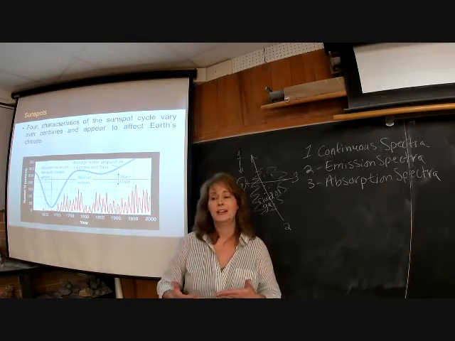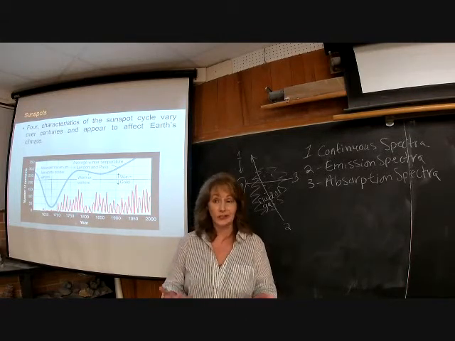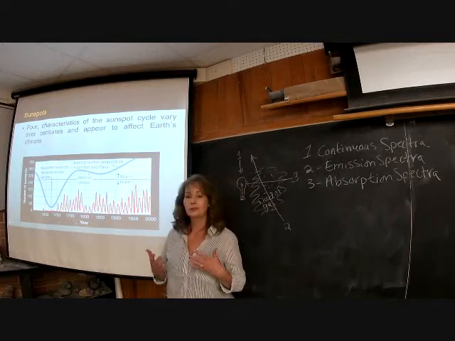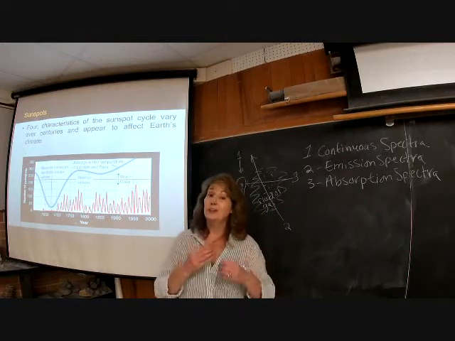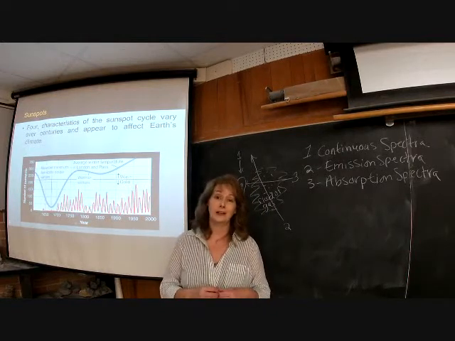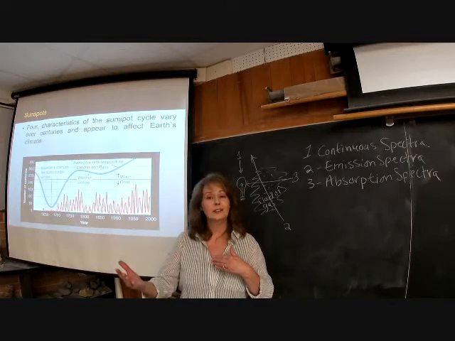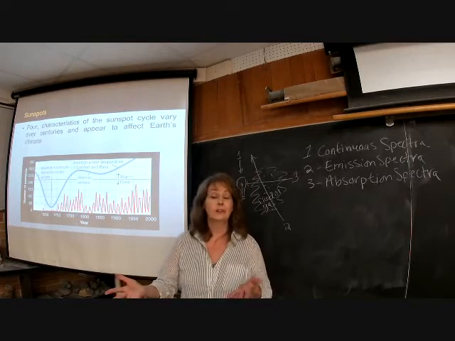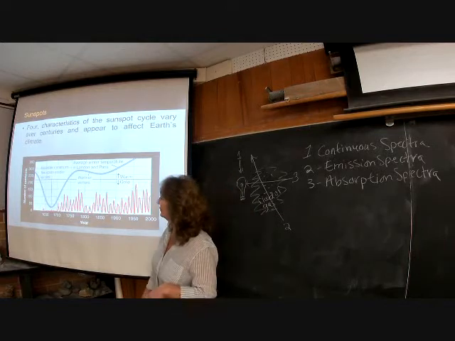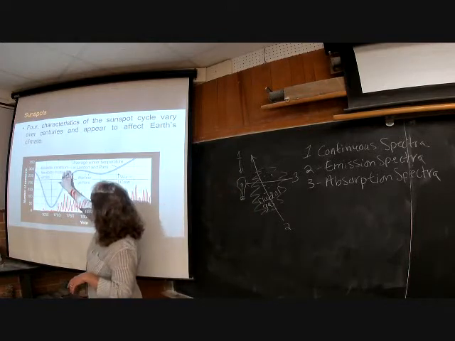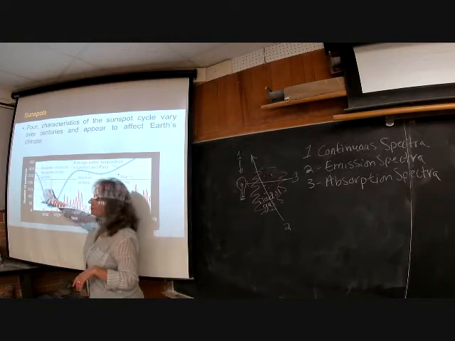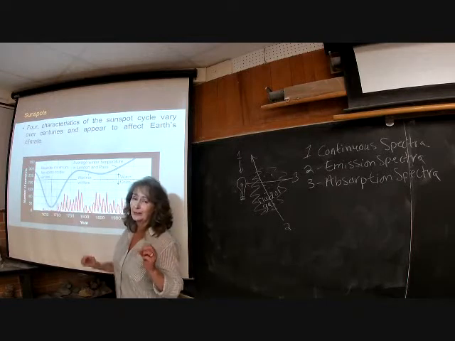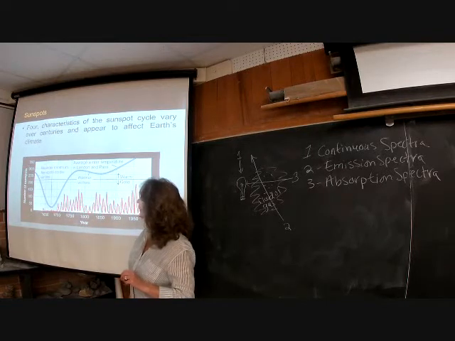The sun wasn't putting out as much energy during that time, and they're trying to correlate fewer sunspots on the sun, less energy output, affecting our temperatures here on Earth. Okay, so Maunder minimum, few sunspots, and we got really cold winters. That was the little ice age in there.